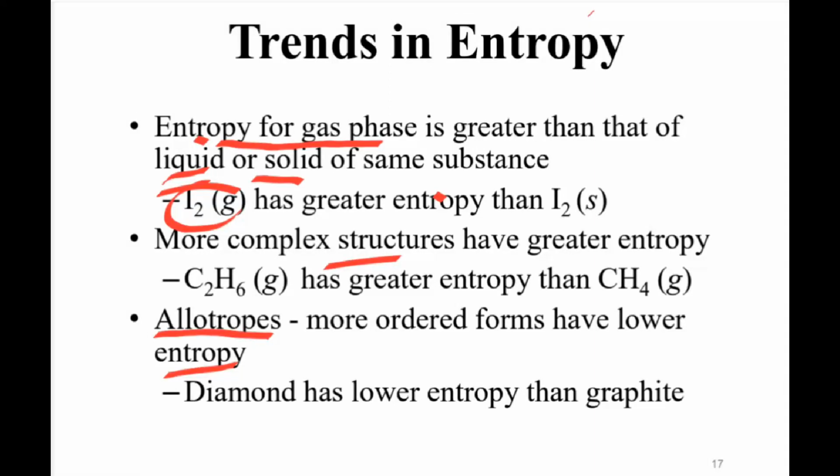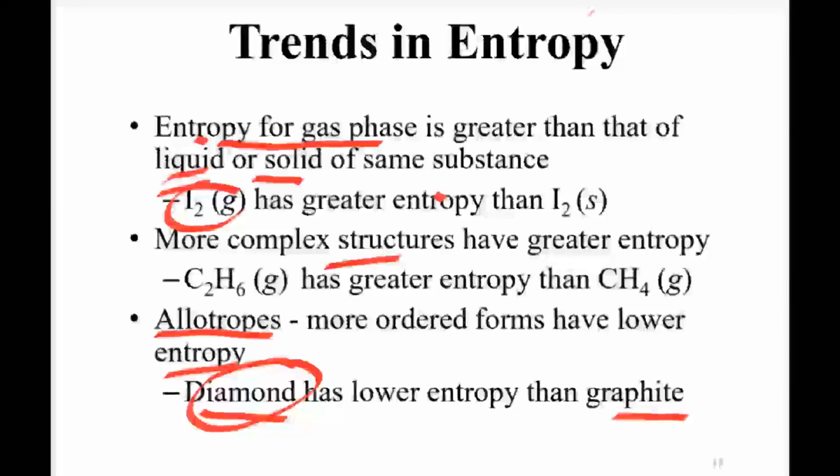For example, if you consider diamond and graphite, diamond has lower entropy than graphite. Both are made up of carbon, therefore they are allotropes, and they are different because their structure is different due to the arrangement of atoms.